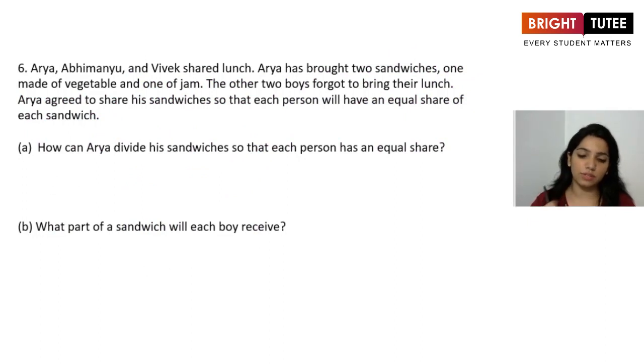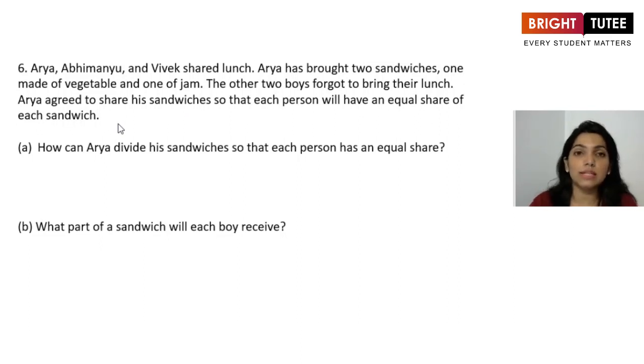Moving to the next question. It says Arya, Abhimanyu and Vivek shared lunch. Arya has bought 2 sandwiches, one made of vegetable and one of jam. The other 2 boys forgot to bring their lunch. Arya agreed to share his sandwiches so that each person will have an equal share of each sandwich.